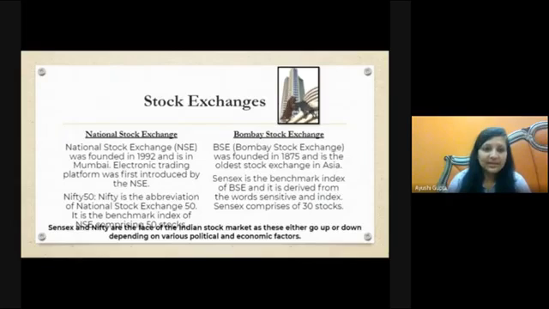Large capitalization is a value of more than rupees 20,000 crores. Middle capitalization is above 5,000 crore and less than 20,000 crore, and small capitalization ranges below rupees 5,000 crores.